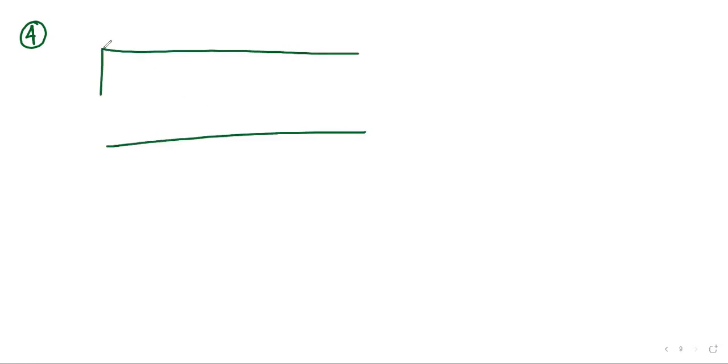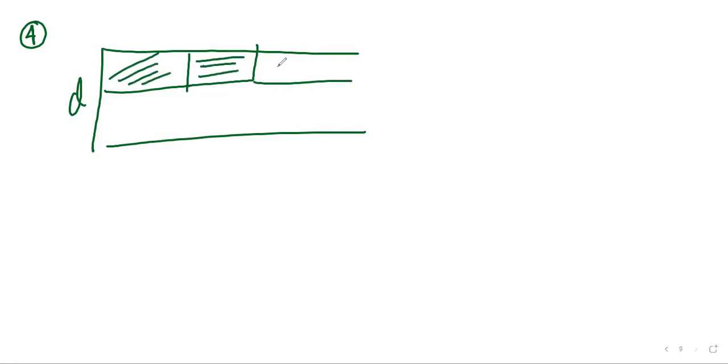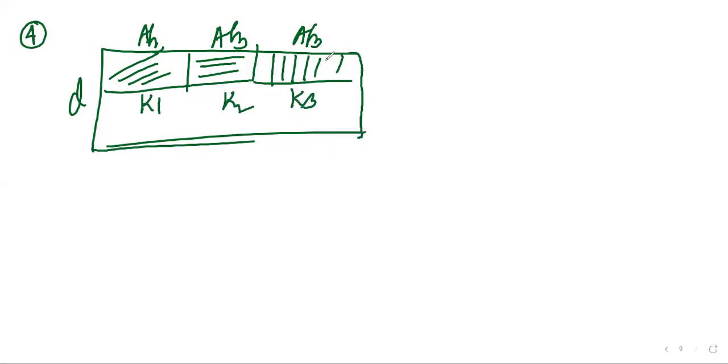The distance between these two plates is D. There are different dielectric constants. The area is A by 3, A by 3, A by 3. This is K1, this is K2, this is K3, and the total is K4. And this distance is D by 2.